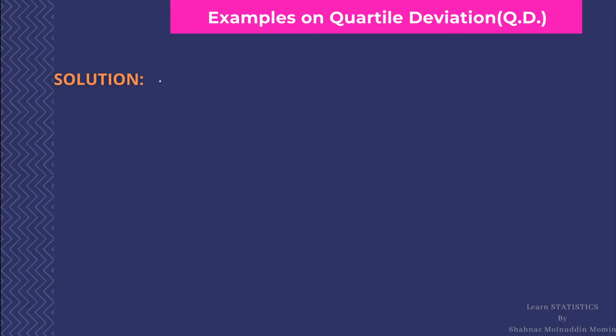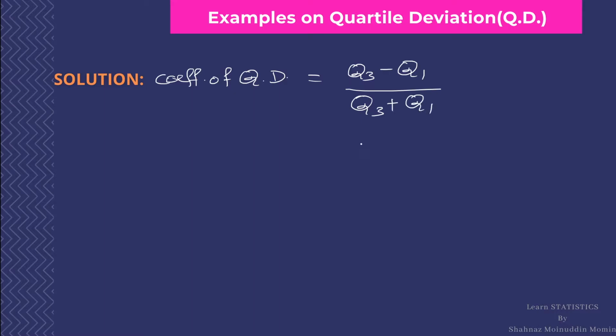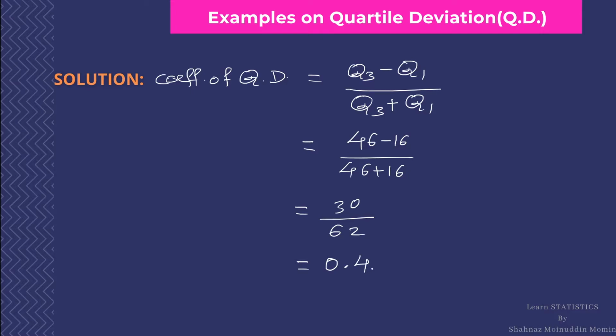The coefficient of quartile deviation is equal to Q3 minus Q1 upon Q3 plus Q1, which is equal to 46 minus 16 divided by 46 plus 16, that is equal to 30 divided by 62, and it is equal to 0.484.